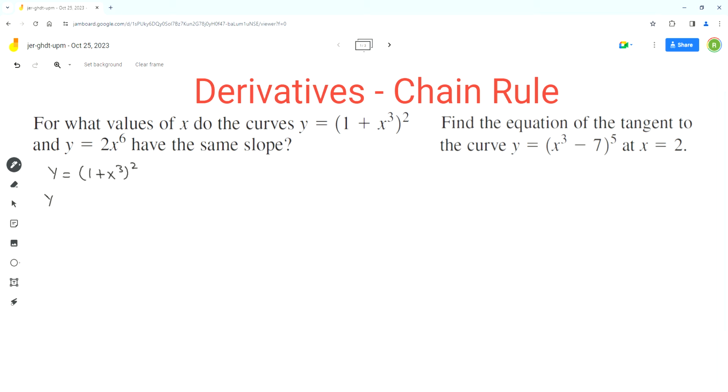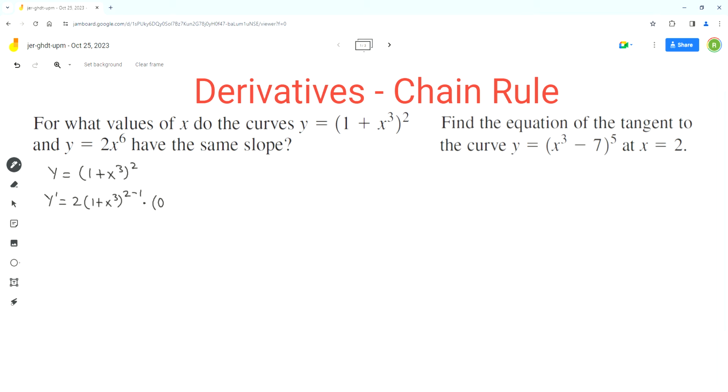We're using the prime notation. So y prime equals. For the outer function, we'll use the power rule. So we'll move the exponent to the front and then subtract 1 from the exponent, times the derivative of the inner function, which is 1 plus x cubed.